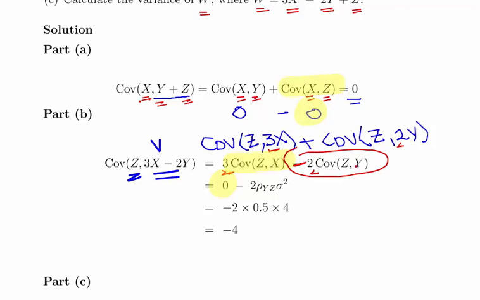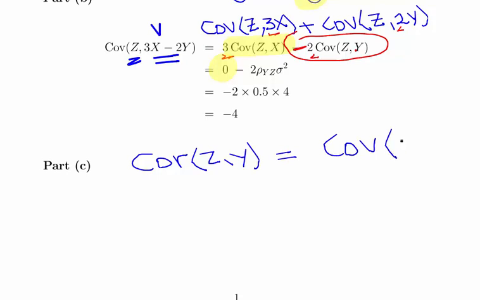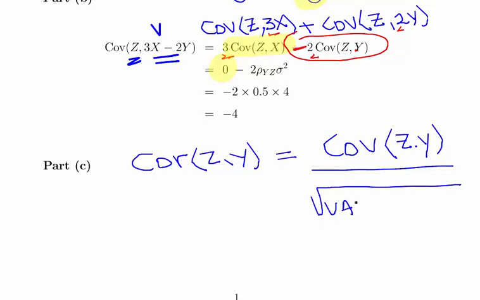So I have to give myself plenty of space here. The correlation of z and y equals the covariance of z and y divided by the square root of the variance of z times the variance of y. Now, in both cases, that is sigma squared equal to 4.